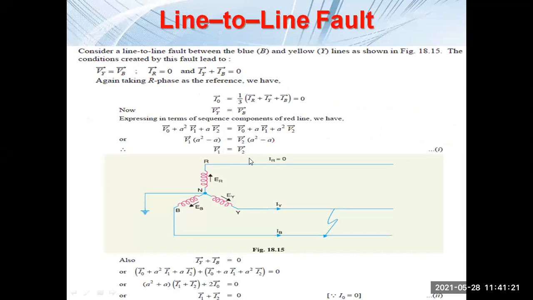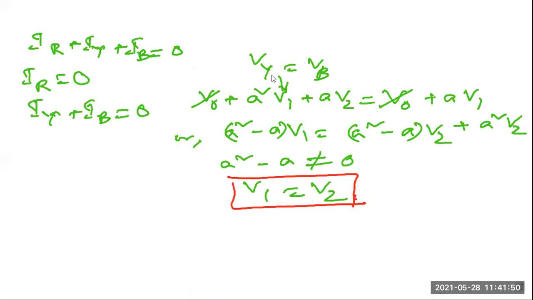Now again, we'll come to the point that IY plus IB is equal to 0. So from there, we need to derive something. I'll go to the next mode. Okay. So IY plus IB is equal to 0.